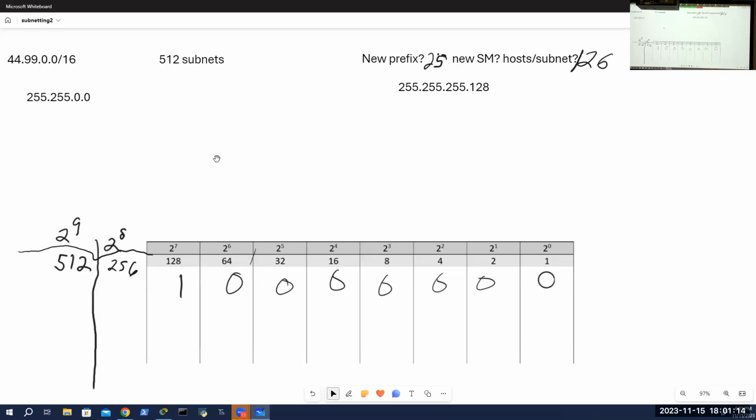So as always, our first subnet is our original. Okay, so that's our first subnet. And again, when I say our original, it may not always end in a 0. For the problems that we see here, most likely it will end in a 0.